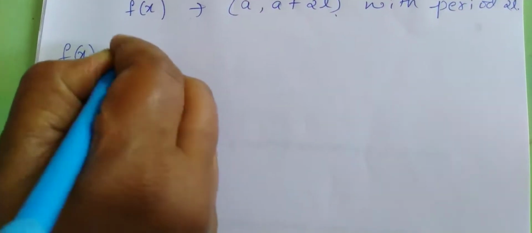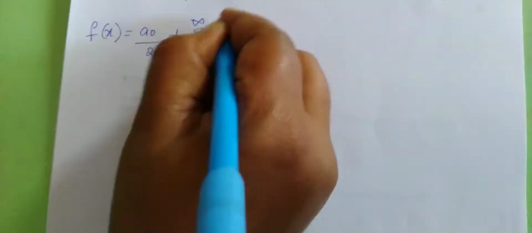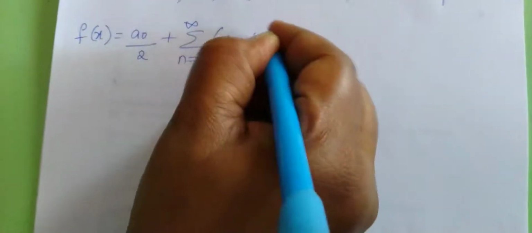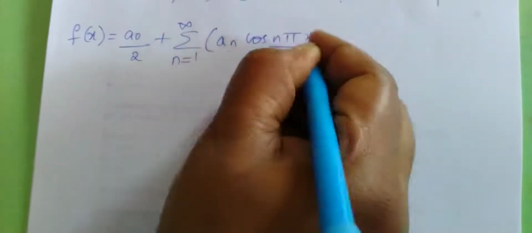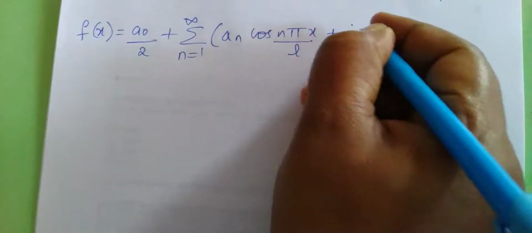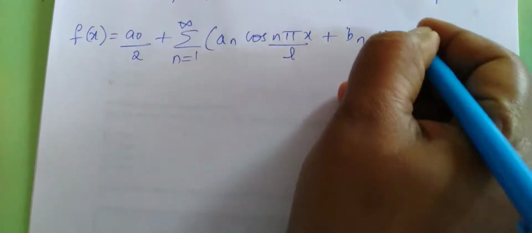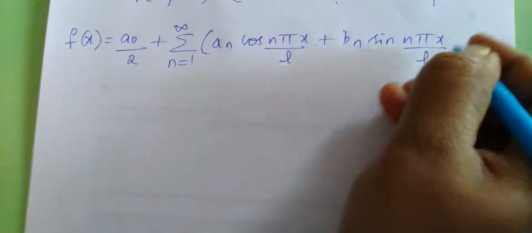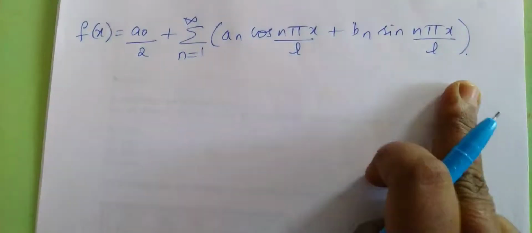Fx is again a0 by 2 plus summation n is equal to 1 to infinity an cos n pi x by L plus bn sin n pi x by L. The formula doesn't change, it is as it is.